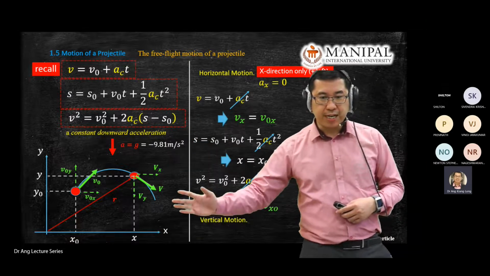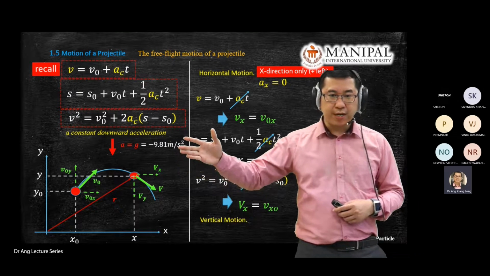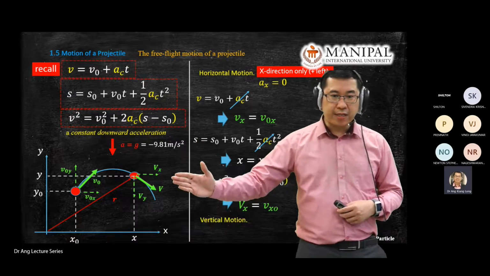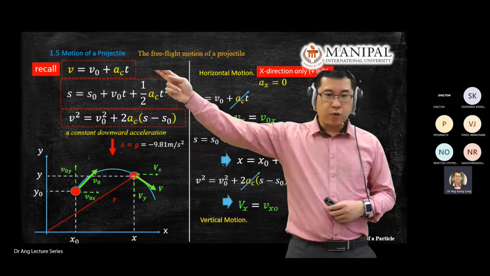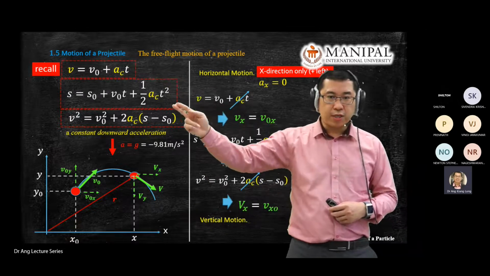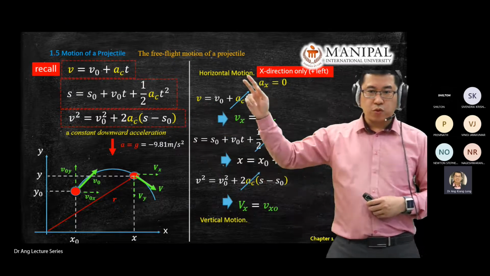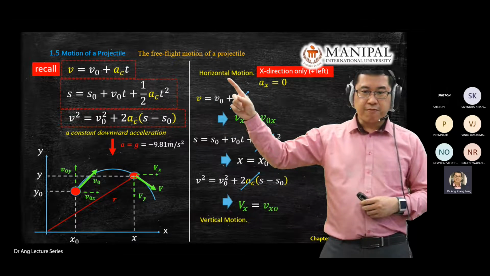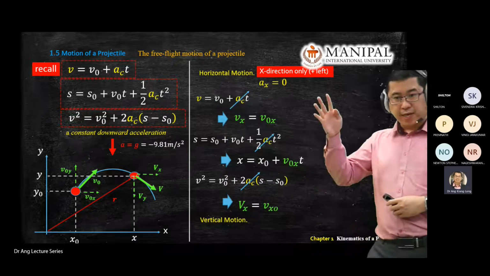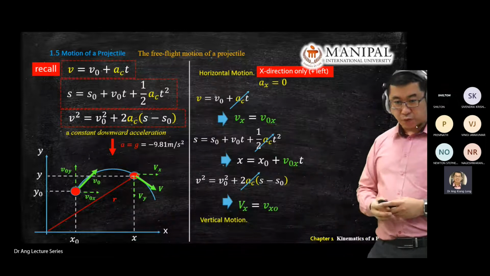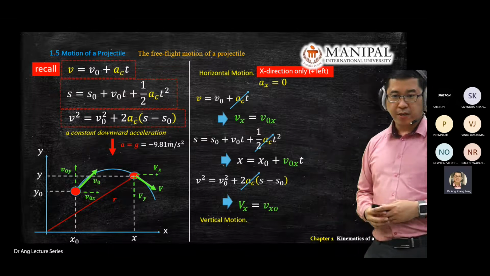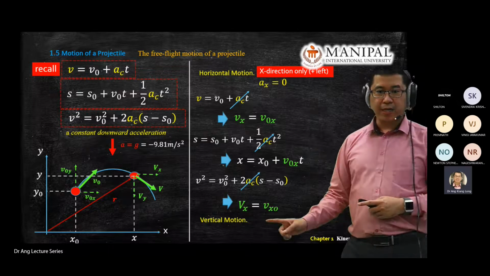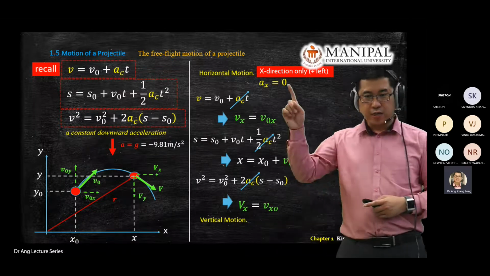Ask yourself, are you able to understand what the marks given in this diagram are? How do you apply the Newton motion equation to derive the horizontal motion? If yes, then you can move to the next one. Do the same for vertical motion. But for vertical motion, something happens to the acceleration.